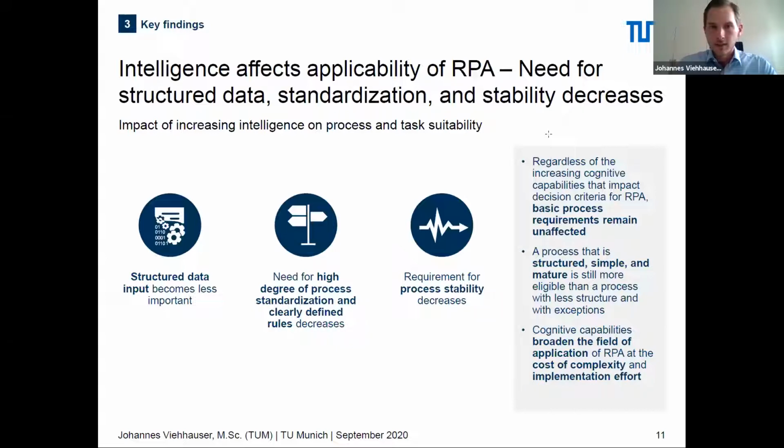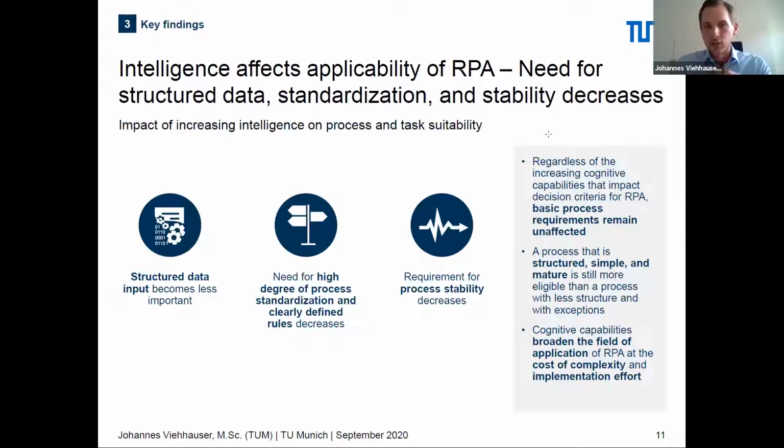The main finding, of course, is that besides RPA becoming more intelligent, processes that are rule-based, of high volume and repetitive are still the best process candidates for RPA, even though it might become a bit more intelligent. However, the cognitive capabilities included in the platforms and RPA engines of course broaden the applicability of RPA, however, at the cost of complexity and implementation effort for those projects.